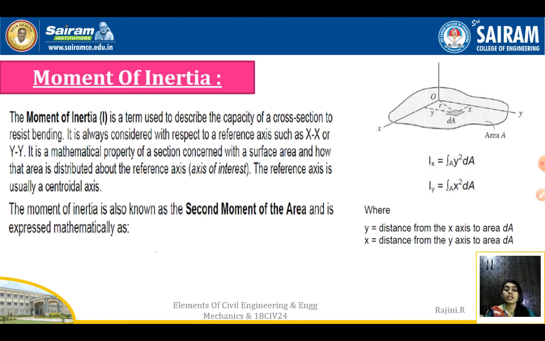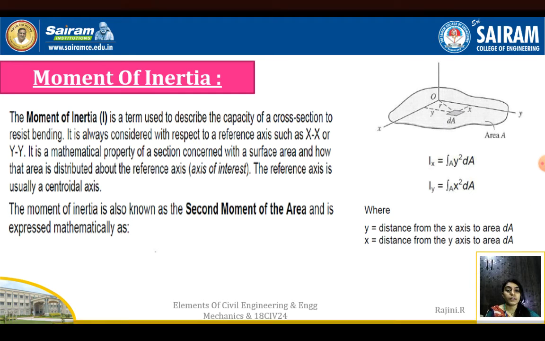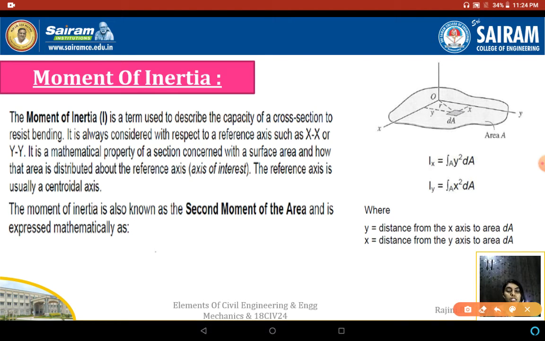Okay, here you can see the figure. It is in a 3D shape. Here you can see this is a small area, which is measured, as I told, from y it is x, from x it is y.